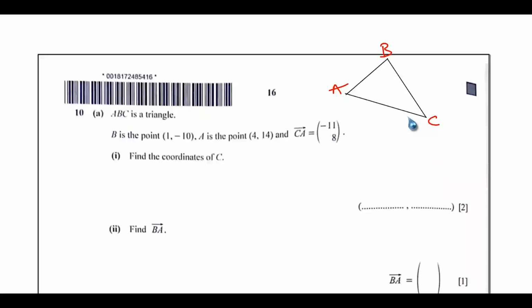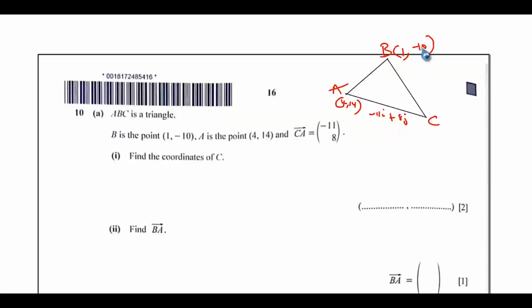So we are given the coordinates of point A to be (4, 14), and the coordinates of B to be (1, negative 10), and we know that CA is equal to (negative 11, 8). So let's write this in x and y component form. CA will be equal to negative 11i plus 8j.